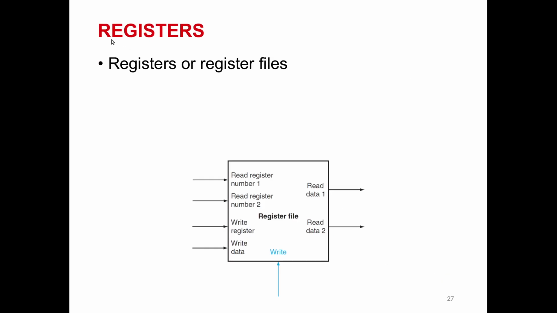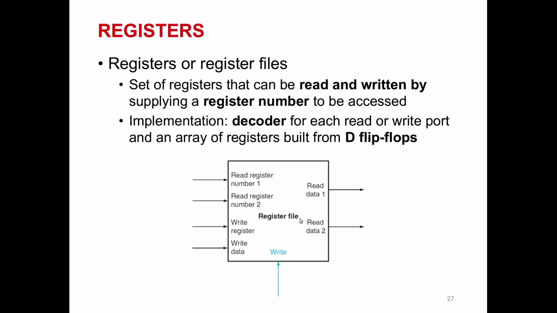Next we have registers, which are many D flip-flops grouped together to make a register file. In order to make the register file work, we need the write signal, which means that the input will be written into some register or some D flip-flop.